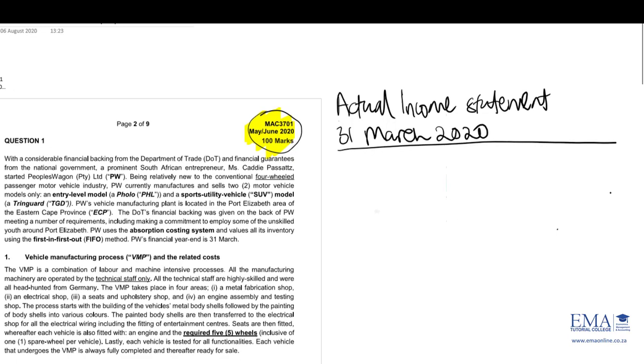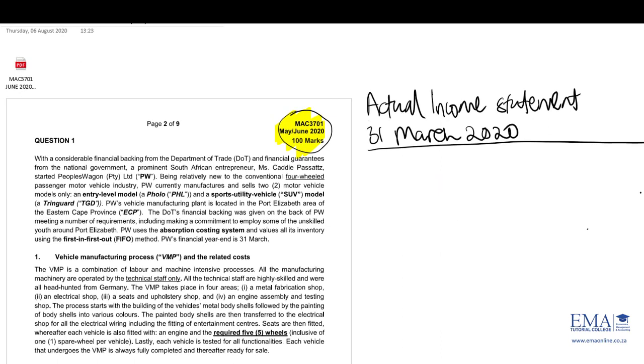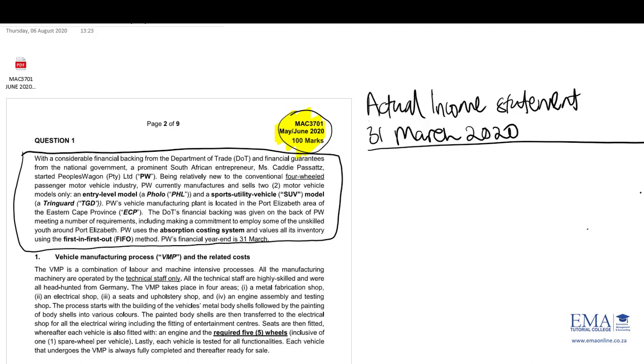Let's just read this first paragraph here so that we can understand what the company does and the products that it produces and a whole lot more. They say, with considerable financial backing from the Department of Trade and financial guarantees from the national government, a prominent South African entrepreneur, Miss Cuddy, started People's Wagon, PW, being relatively new to the conventional four-wheeled passenger motor vehicle industry.